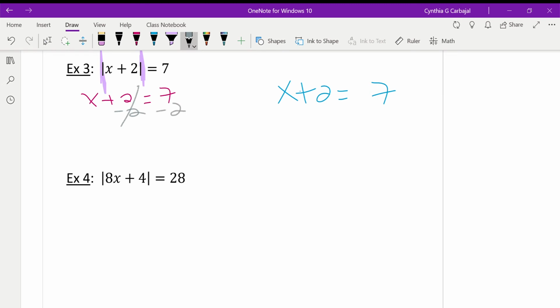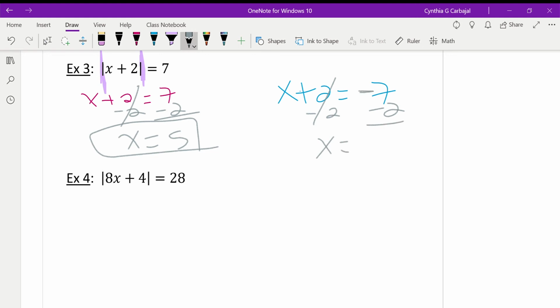Minus 2, x equals 5. Same thing over here, subtract a 2. If I do that to one side, I subtract a 2 on the other. Sorry. I forgot to put the negative on the second one. Remember, one has to be set equal to a positive answer, and one has to be set equal to a negative answer, and then we can solve. So that gives me a negative 9.